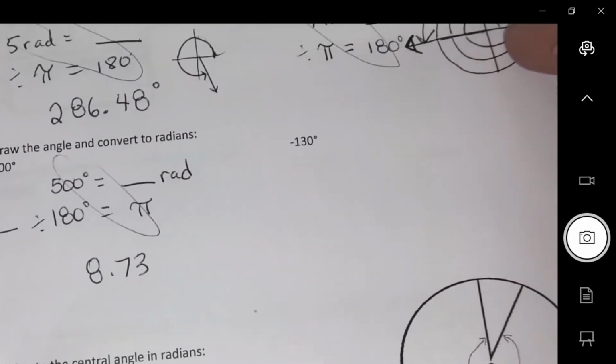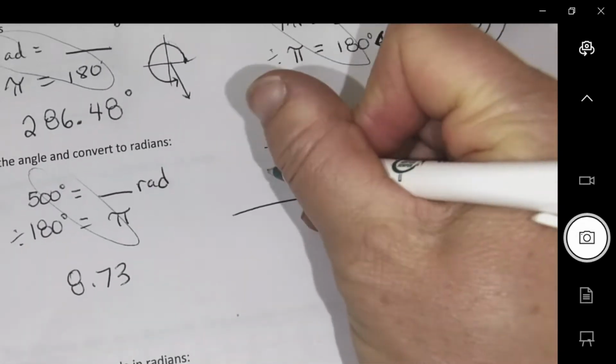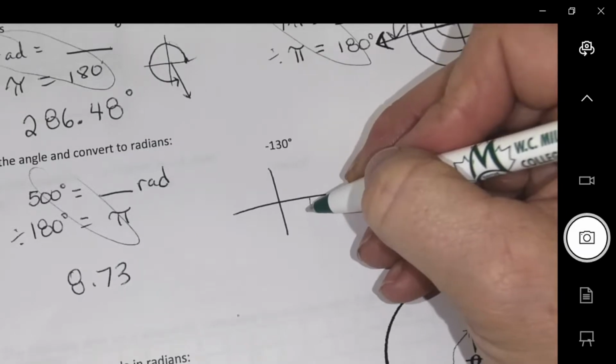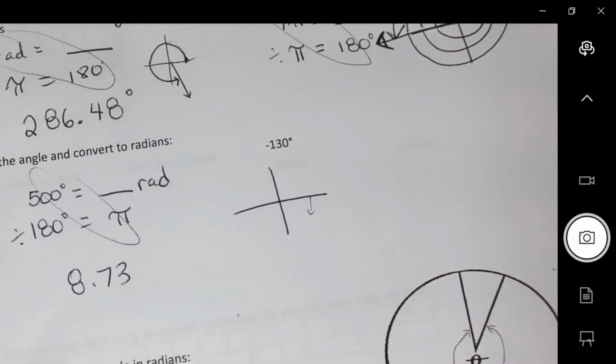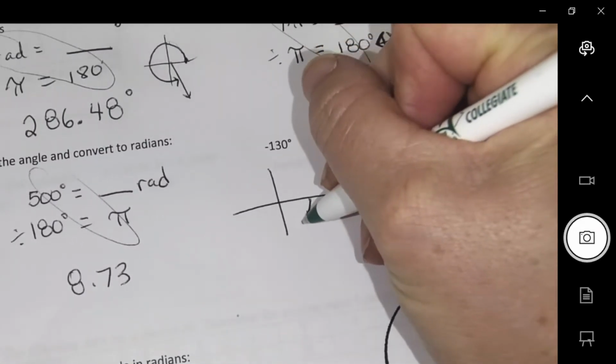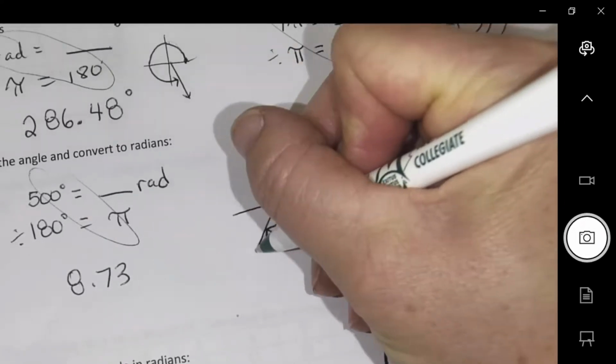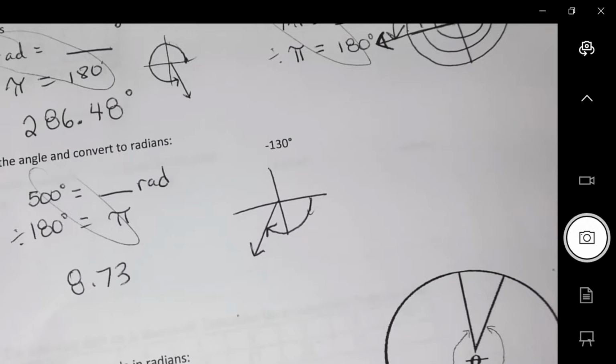Okay, negative 130. What do I do when I draw a negative angle? What does that mean to do? I'm going to head downward. Instead of rotating forward, I'm going to be going downward. So 130 degrees would go somewhere like that.